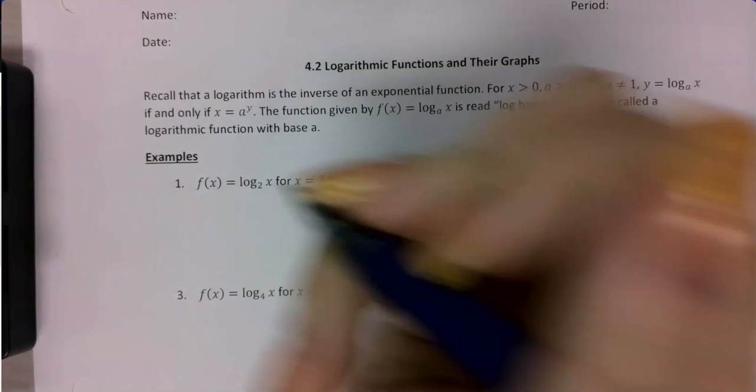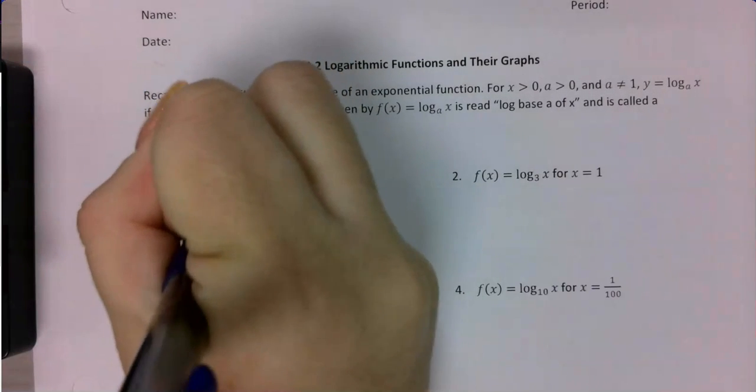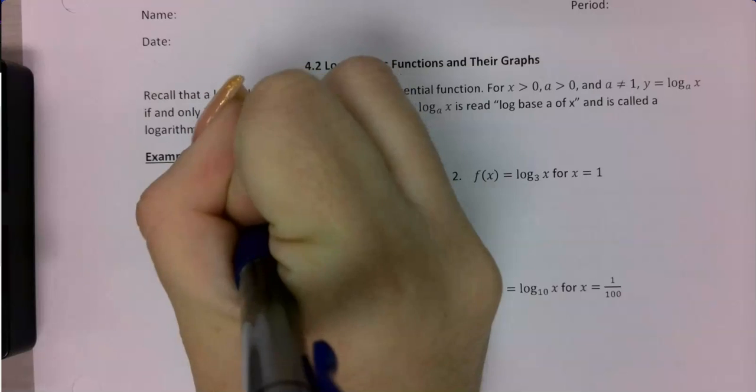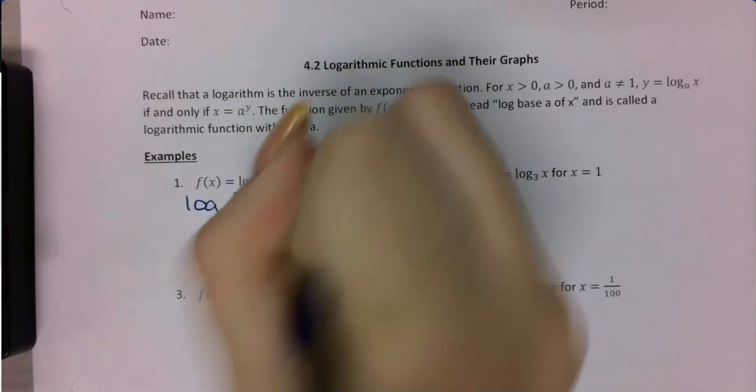What I'm going to do is replace that x with the number I have. So really I have log base 2 of 32 equals an unknown number that I'm going to replace with y.